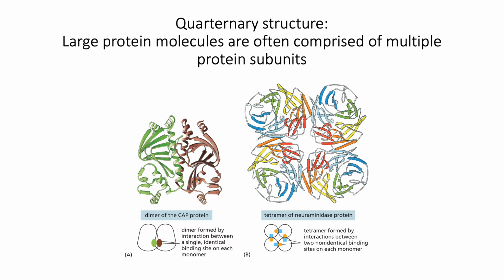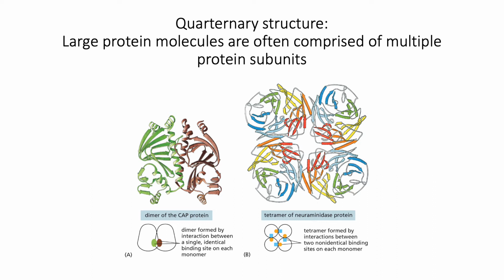So there are larger proteins made of multiple protein subunits, and it ranges from something like P53, which is just 2 subunits. Here it's showing examples of other proteins. There's a dimer of the cap protein. This was the protein that we just talked about with the helix-loop-helix domain, and a dimer formed by the interaction of two proteins.